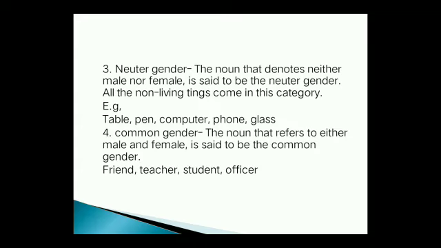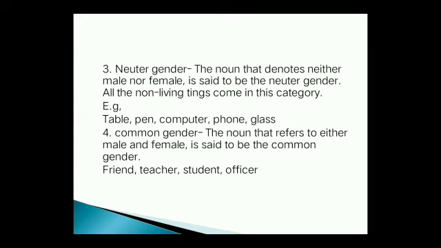Table, pen, computer, phone, glass. For masculine gender we use the pronoun he. For the feminine gender we use the pronoun she, and for the neuter gender we use it. Okay, because they have no gender.